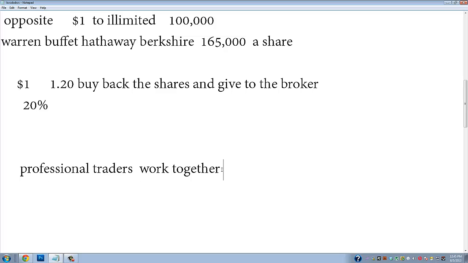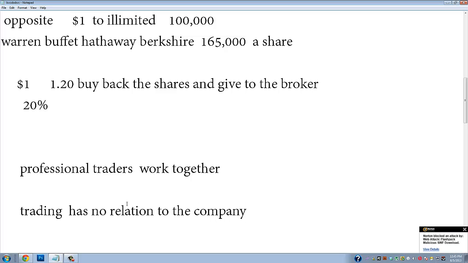So this short has nothing to do with the company. This is the problem. Some people don't understand this notion that trading most of the time has no relation or limited relation to the company itself.